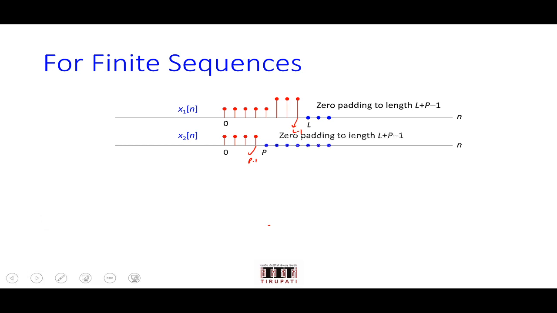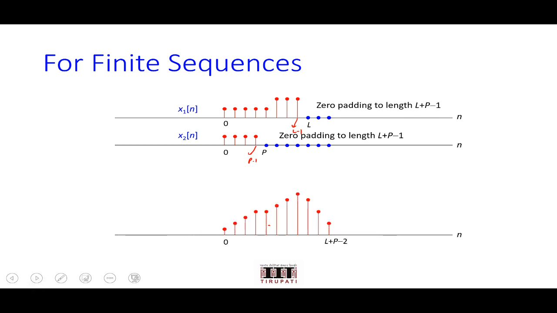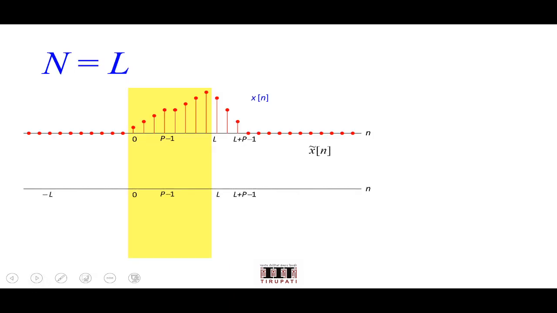After zero padding both, the linear convolution and circular convolution are the same, and now you compute this circular convolution. Instead of doing that directly, you multiply them in the frequency domain, compute the inverse DFT of it, and take one period of it.